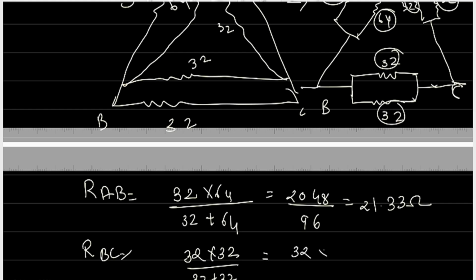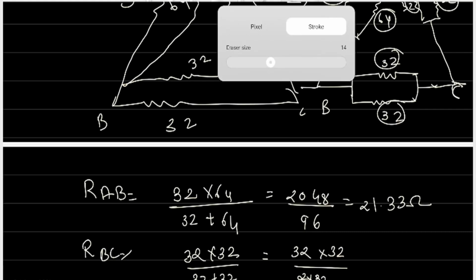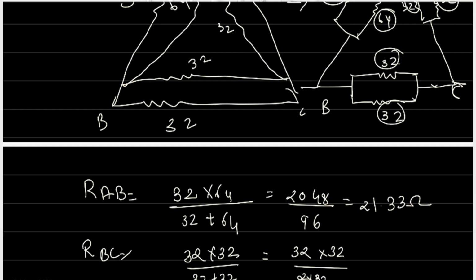Same way for terminal RBC, 32 into 32 divided by 32 plus 32, that is 32 into 32 divided by 64. Okay, so this will give me the value 16 ohm.